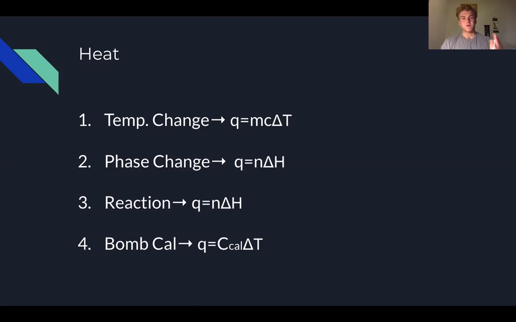But those are the four equations you're going to be seeing throughout this review session, and it is very, very likely that all of these will be tested on the final exam. Obviously, I'm not a TA, but from what my personal tutor has seen in the past, that's what he suggested I study and know how to do. And so, yeah, we'll move on.